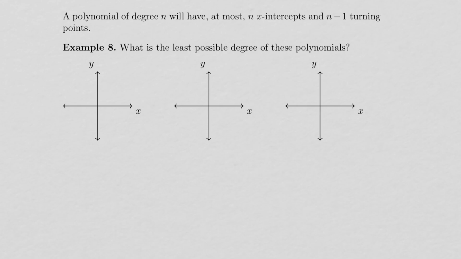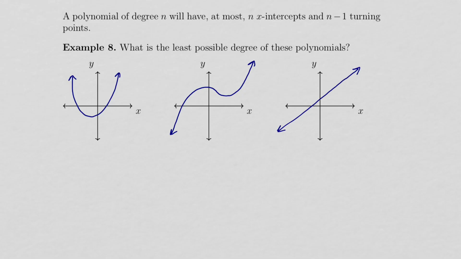Let's say I have a polynomial that looks like this. I'll draw a few of them. Then I have one that looks like this. And then I'll do a line as a polynomial, right? Say a line looks like this.